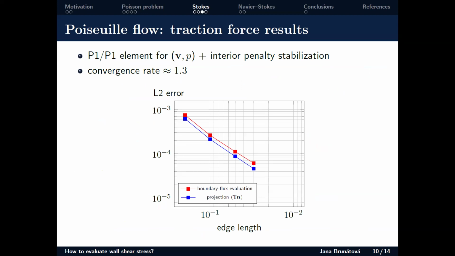So we used P1 element with interior penalty stabilization, and we saw that both methods converge with roughly the same convergence rate of 1.3. So it was a bit worse for the boundary flux, but a bit better for the standard evaluation. It might be caused just by the nature of the problem, the Poiseuille flow, because the pressure gradient is linear, so is the traction force then.